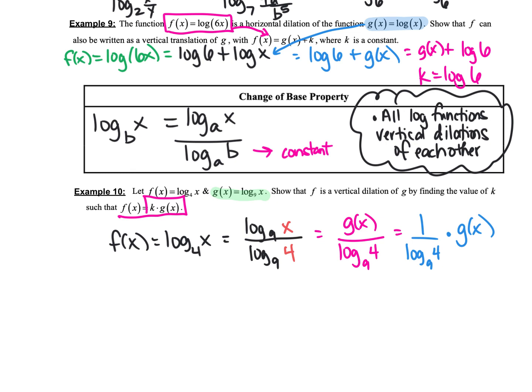So is the denominator now our k? It is now our k. Yep, that's exactly what happened. Our k, we're going to use that whole fraction because it's in the denominator, 1 over log base 9 of 4.